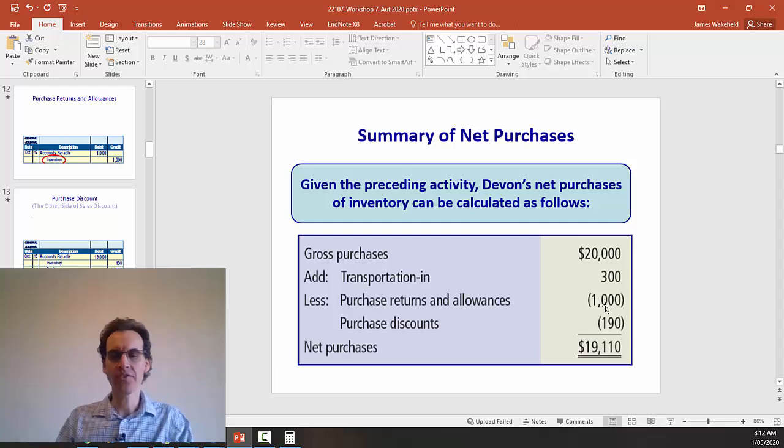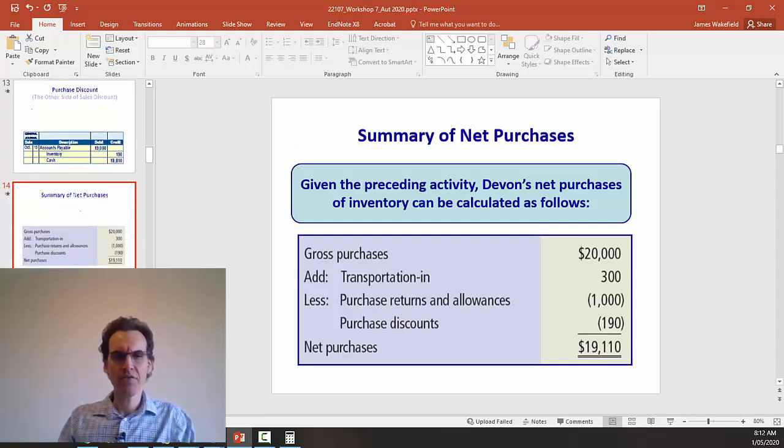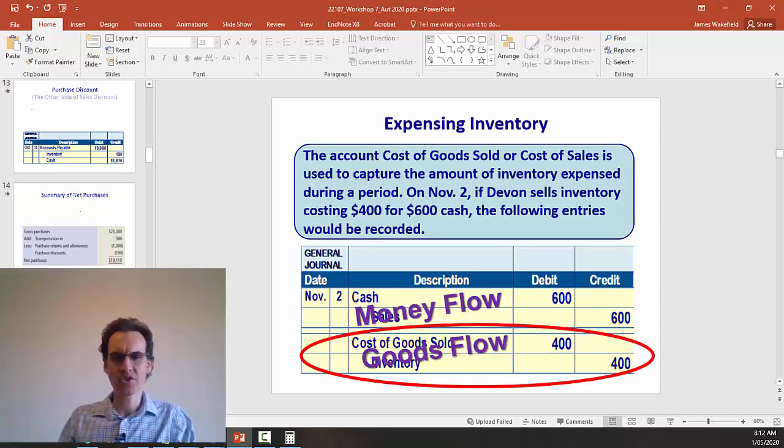We deducted $1,000 based on the return received from the supplier due to inventory blemishes, and we also deduct the $190 associated with the purchase discount, which means the net purchase and the net cost of the inventory we have acquired in this case is $19,110.